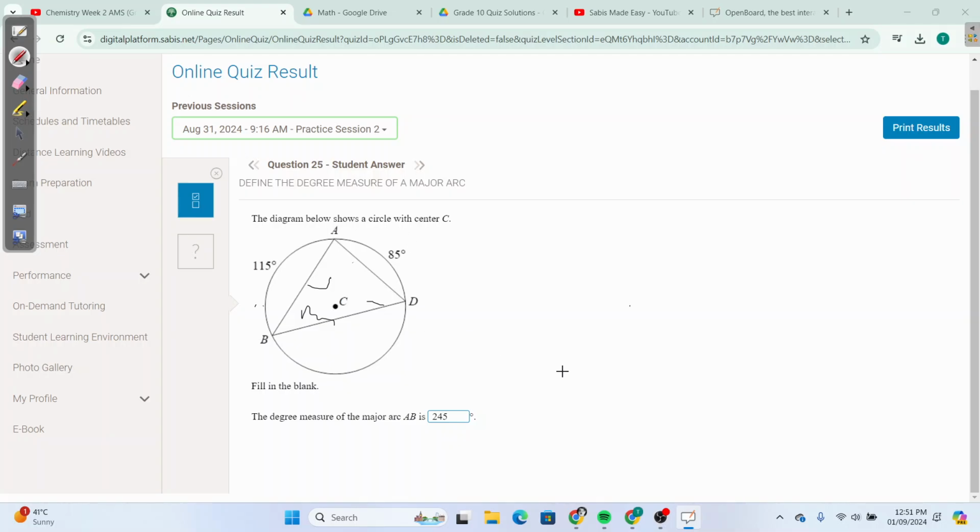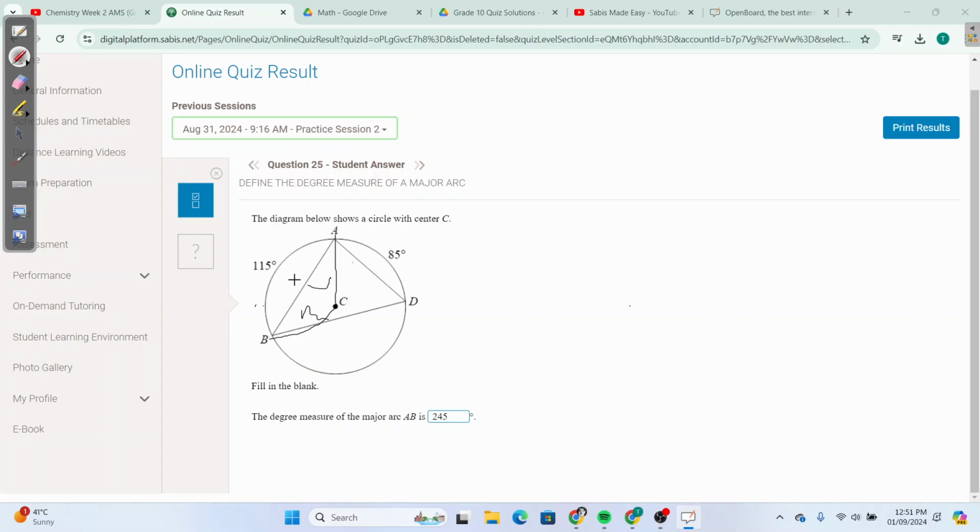Now the measure of major arc AB. AB is all of this. This is what they're talking about.